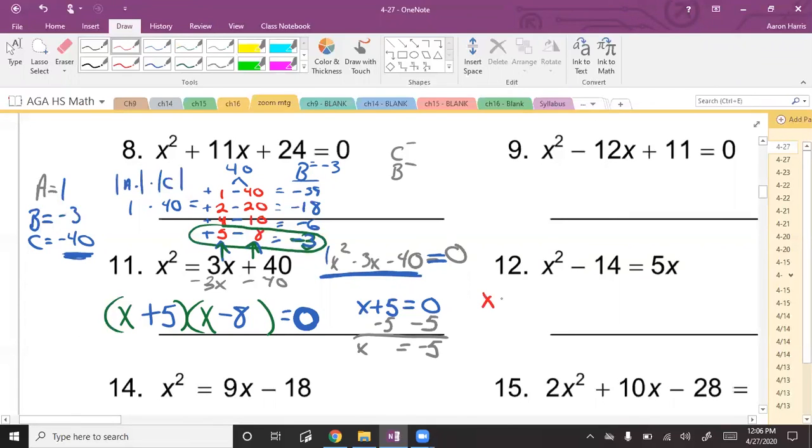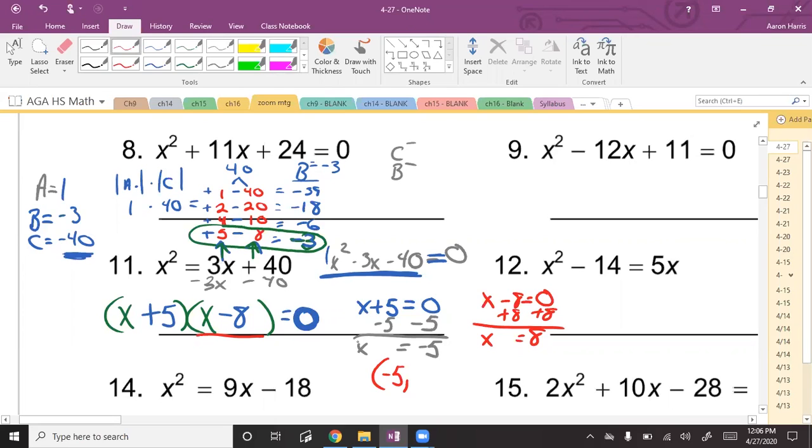X minus 8 equals 0. What do I do? Add 8 on both sides. X is equal to 8. So my two answers for x are negative 5, comma, 8. That's all.